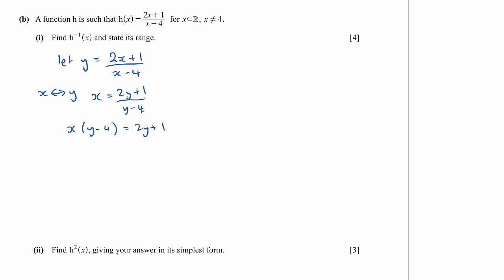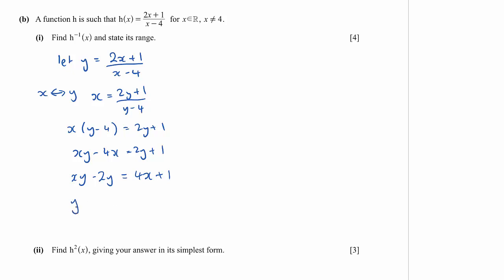What we're trying to do here is now make y the subject of this. So we've got xy take away 4x equals 2y plus 1. So bring everything with a y to the left. So I've now got xy minus 2y, and everything with an x to the right, or everything without a y, because we've just got a number over there as well.